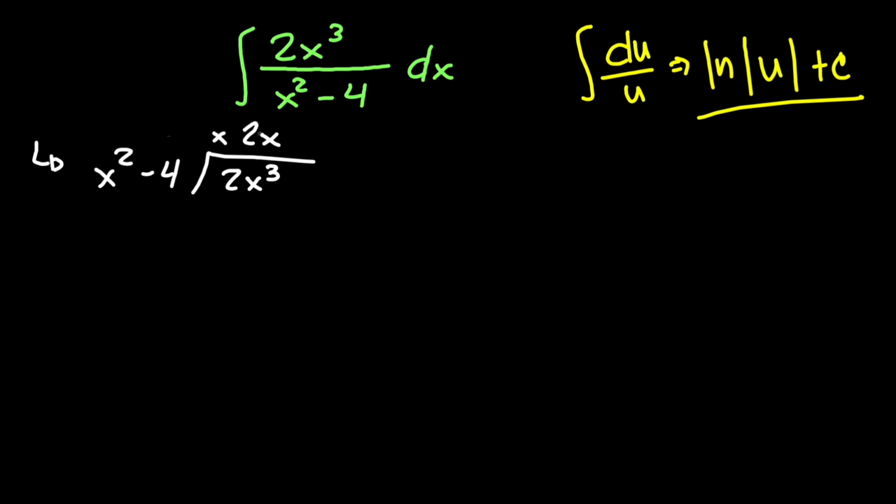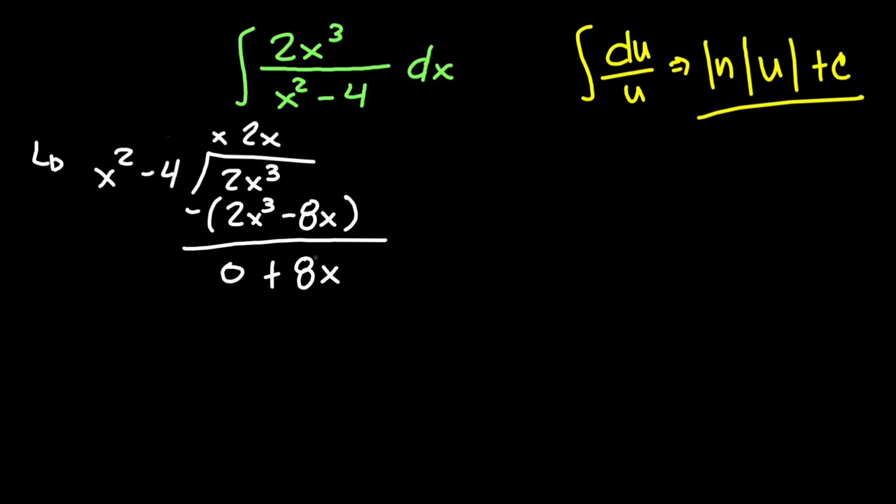So 2x multiplied by x squared would be equal to 2x cubed, and 2x multiplied by negative 4 would be equal to negative 8x. So, first subtract this. 2x cubed minus 2x cubed would be equal to 0. 0 minus negative 8x is equal to positive 8x.